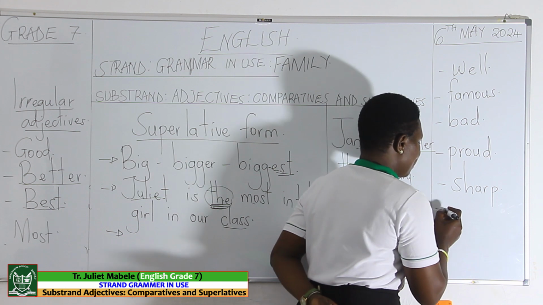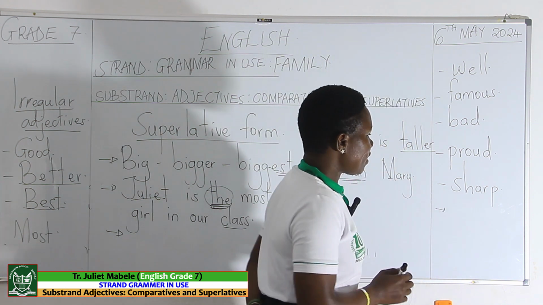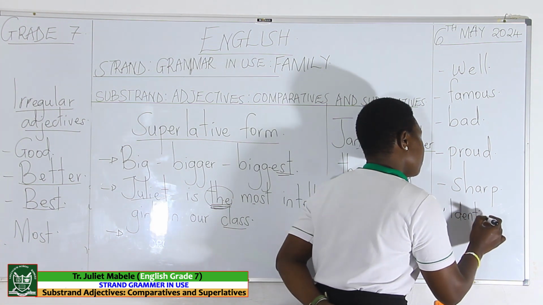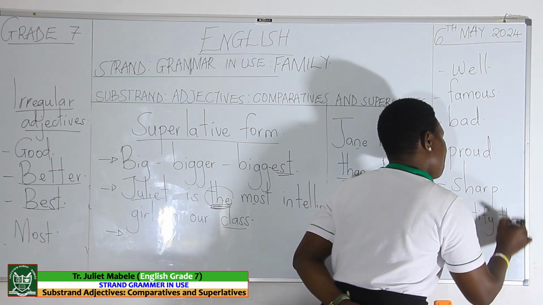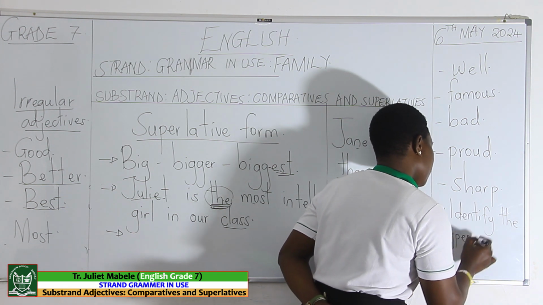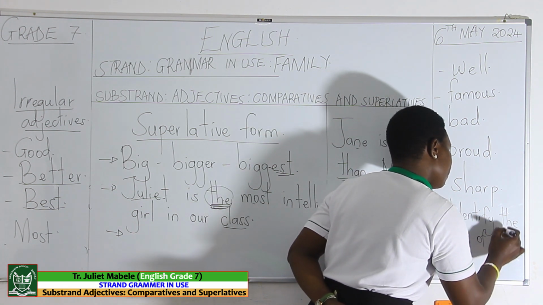Now, this is what I want you to do with your neighbor. One, I want you to identify the type of adjective.